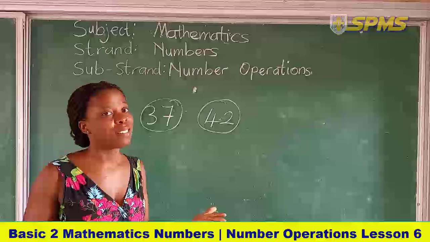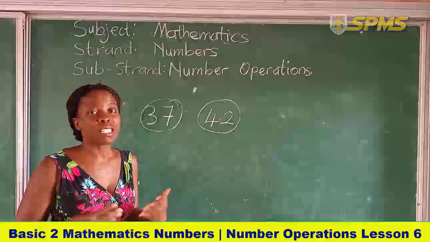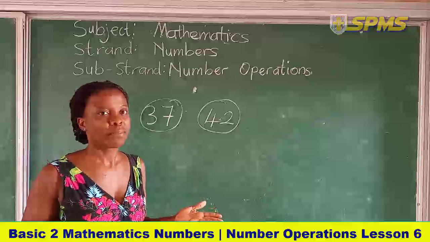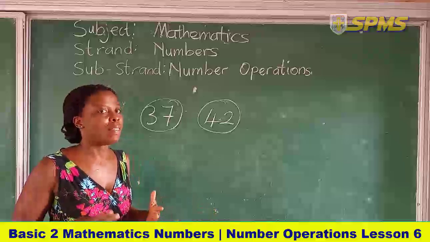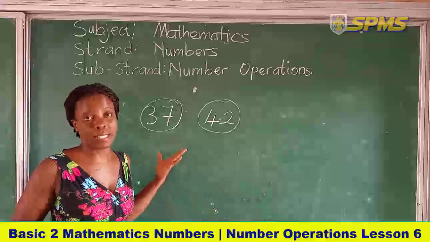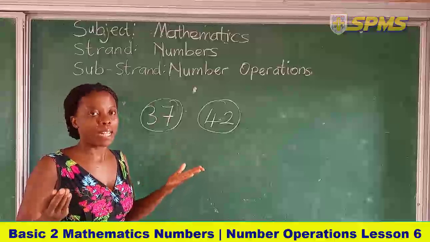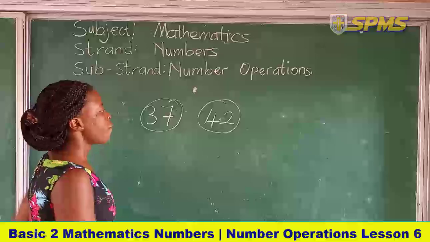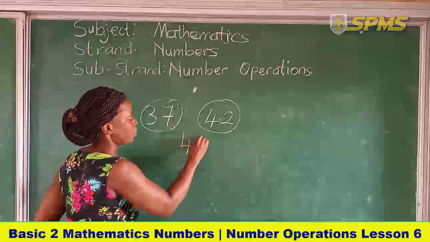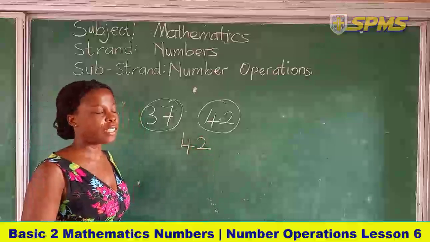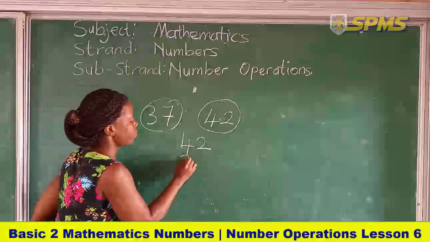Because we are adding, you wouldn't look at the number that will come first. Okay? Good. You can bring any number at all. So let's say 42 and 37.